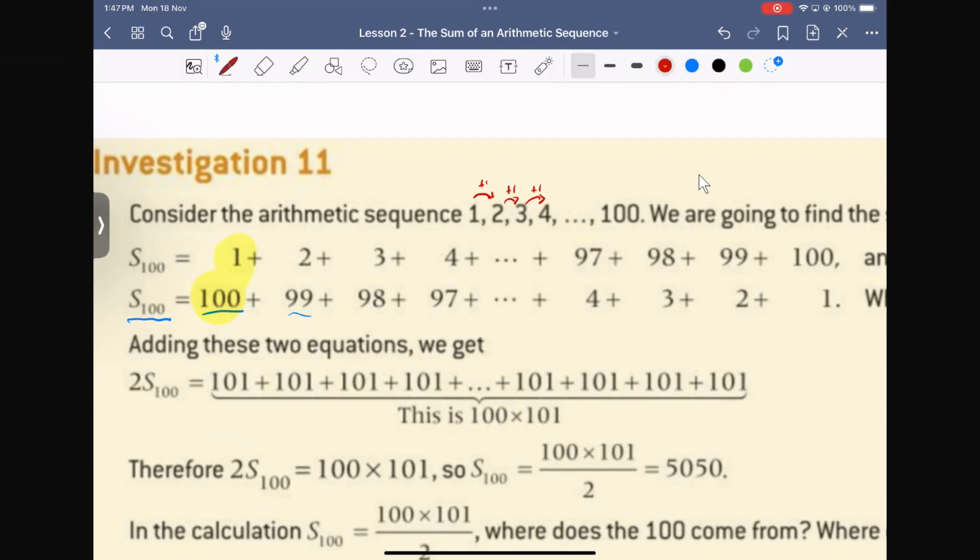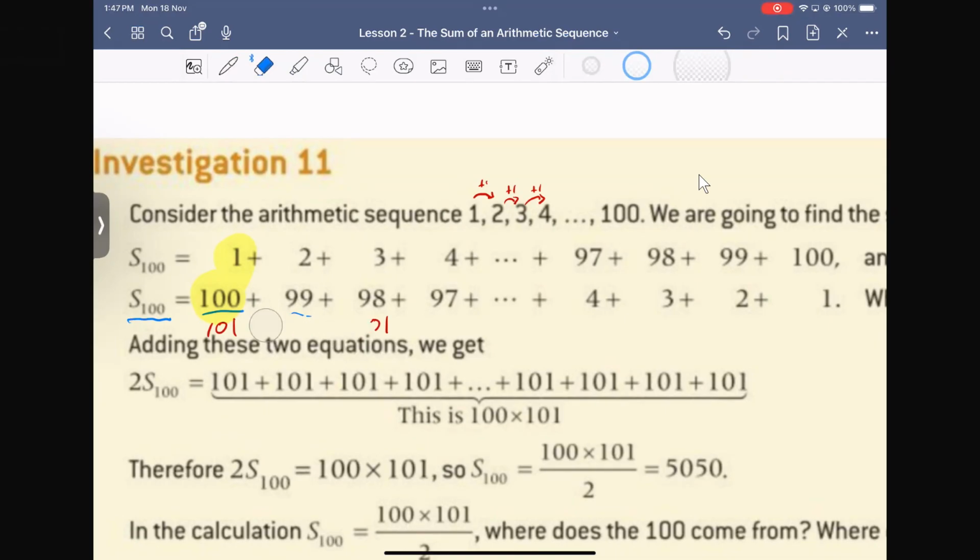Well, we get 101. If you take 2 and 99 and add them together, what do we get? And if we take 3 and 98, add them together, what do we get? So taking all of the 100 terms in this sequence and adding the first term to the last term, we are always going to get 101.